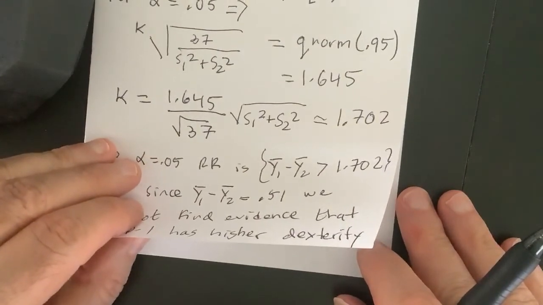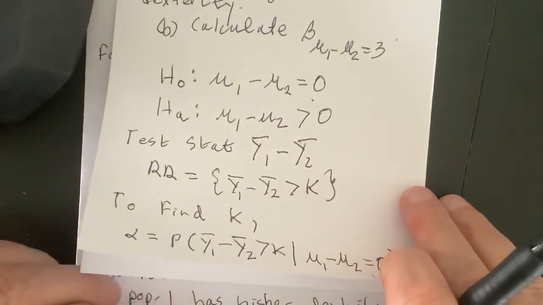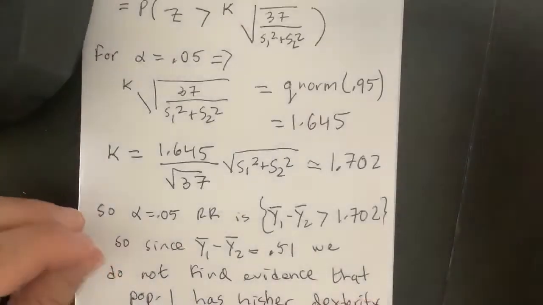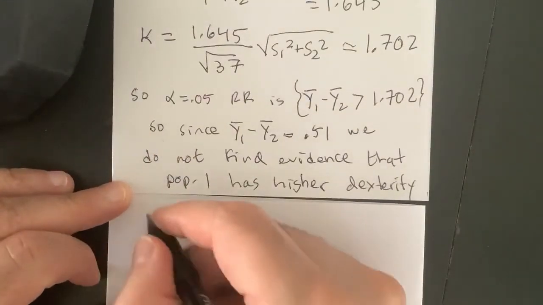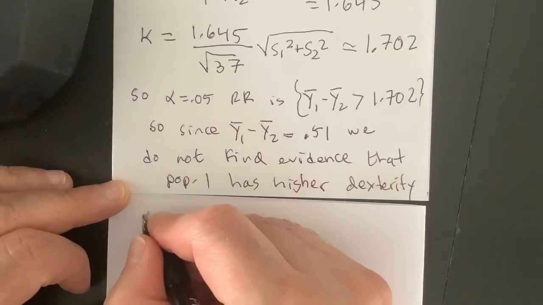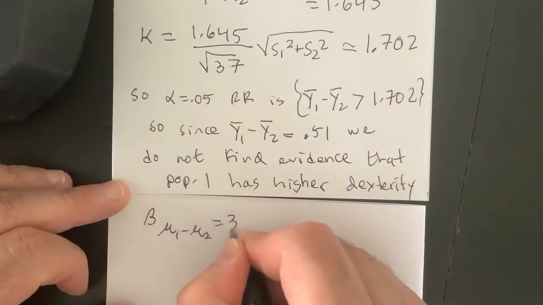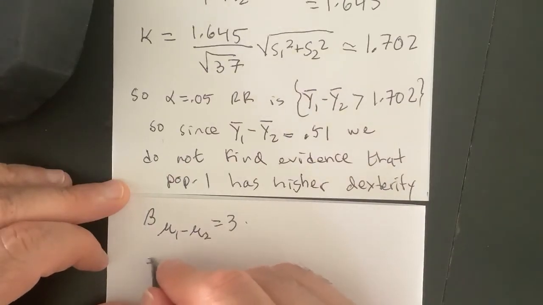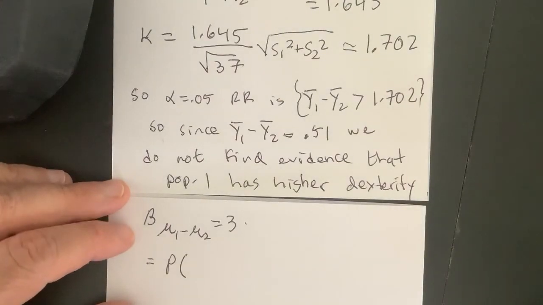So to calculate now the probability of the type 2 error, this part, we want to find the probability of type 2 error. So beta at mu1 minus mu2 equals 3, let's just say, is equal to the probability that, so this is the probability we don't reject when the difference is 3.